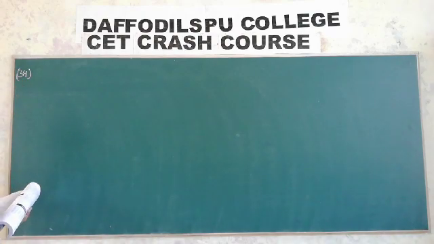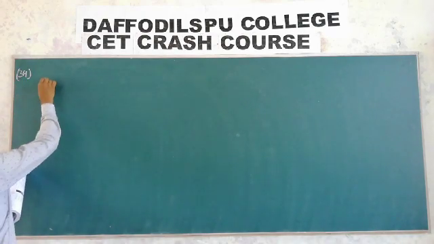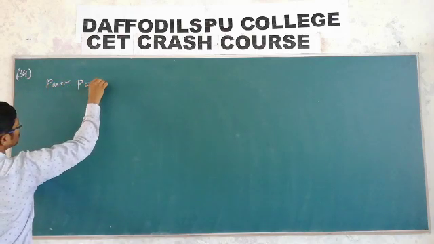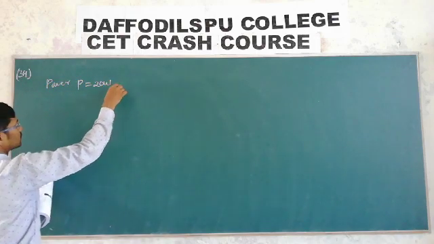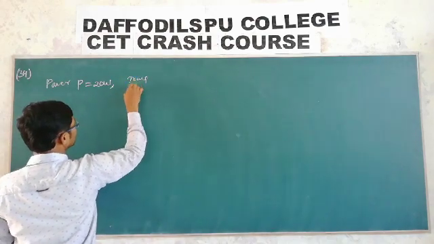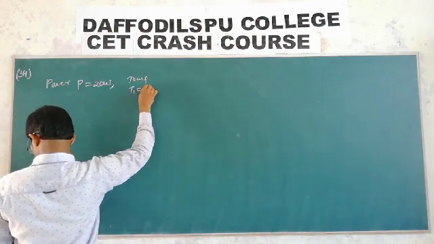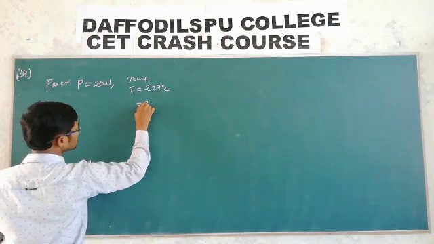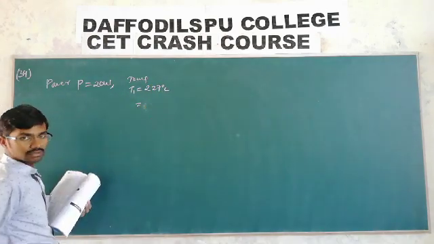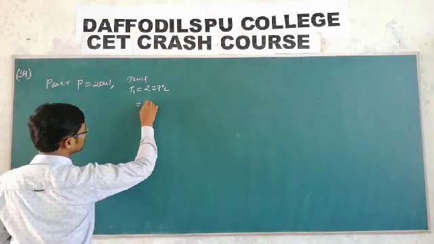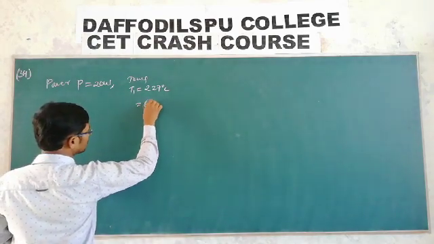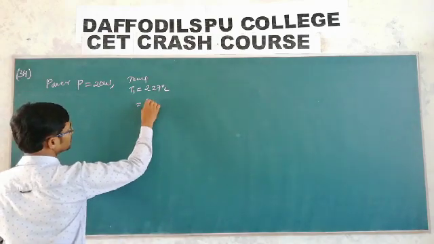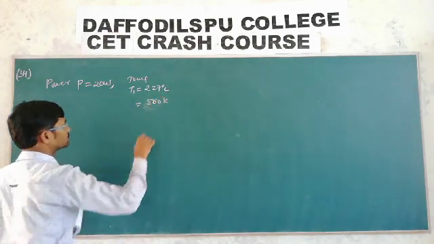A black body radiates 20 watt power. P is equal to 20 watt at a temperature T1 is equal to 227 degrees Celsius, which is 227 plus 273, 500 Kelvin.